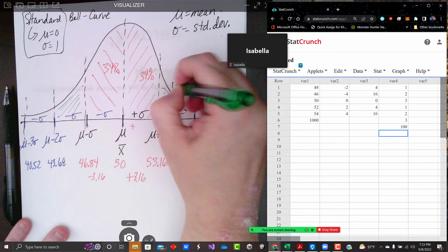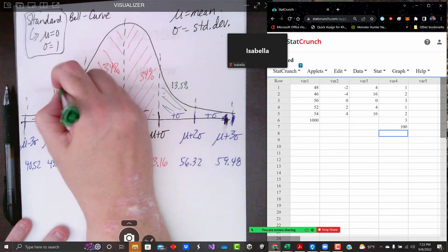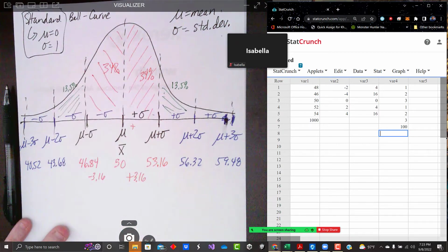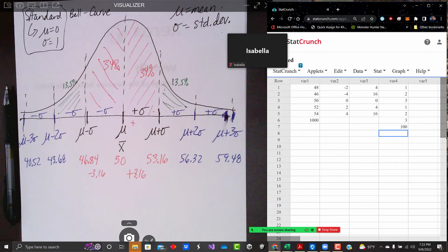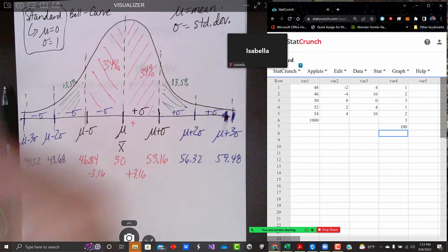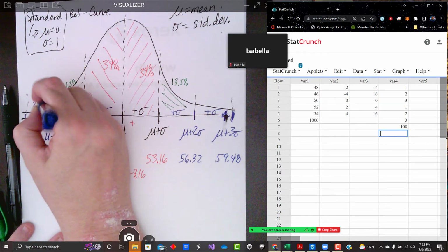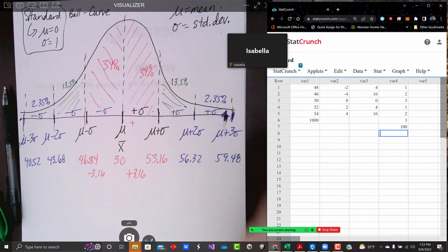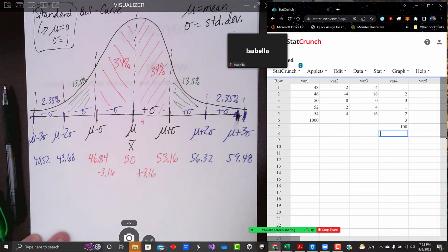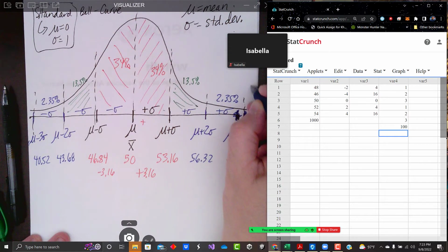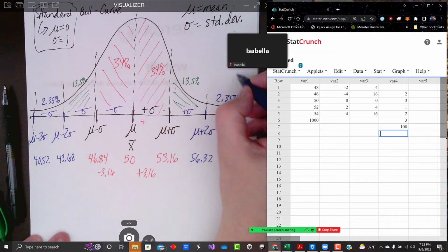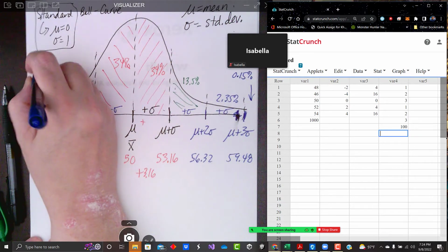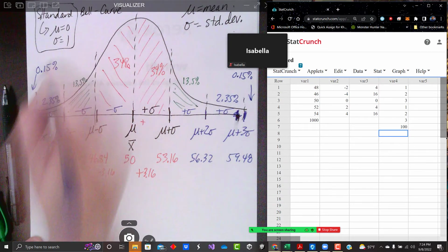These values are 13.5%. The third group is 2.35%. And outside of that, everything greater than 3 standard deviations is just 0.15%. And the same thing with less than 3 deviations, 0.15%.